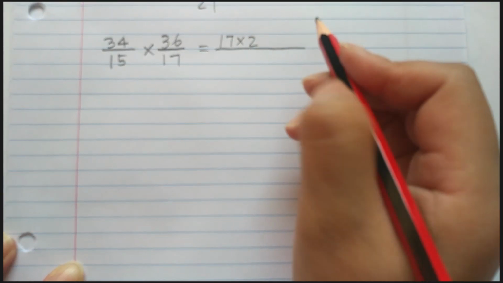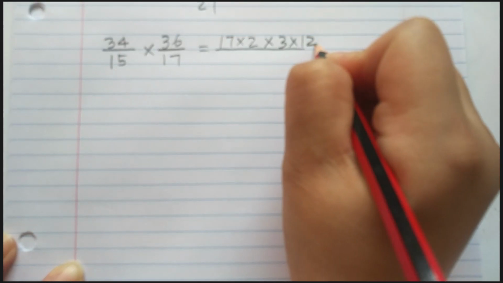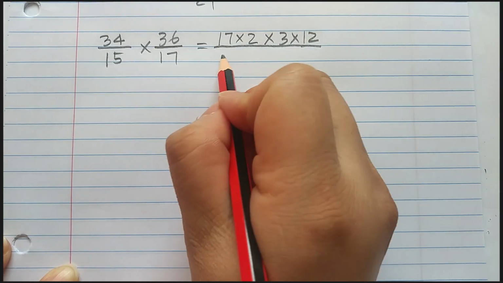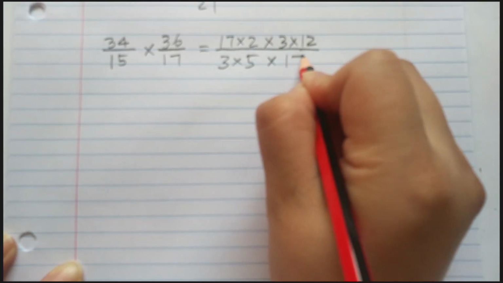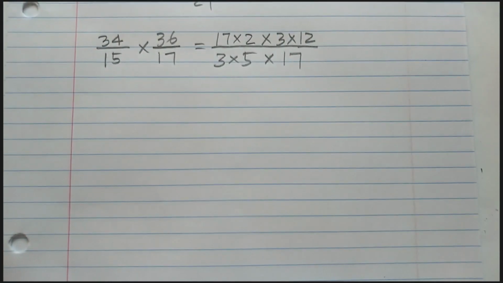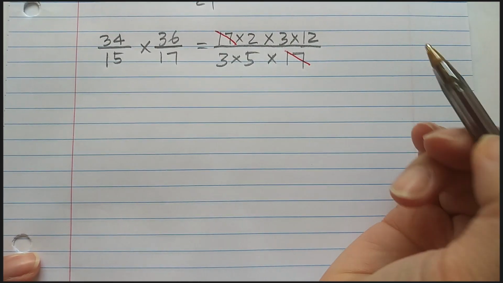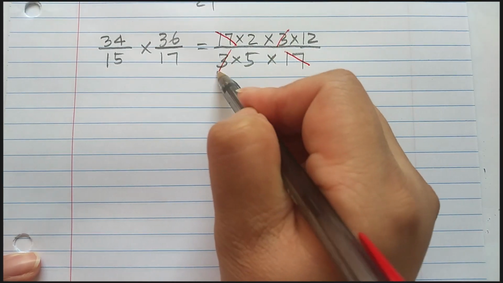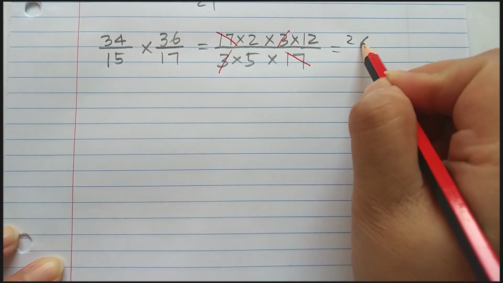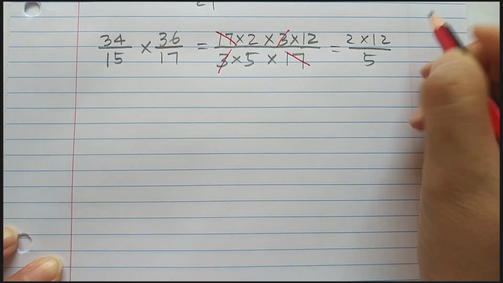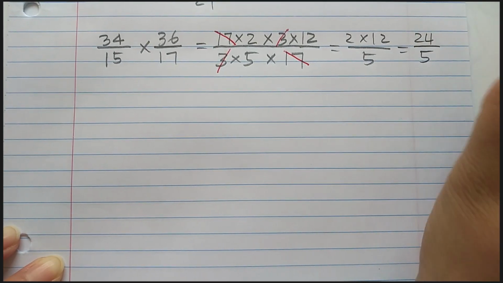I could think of 3 right away, so let's do 3. 3 times 12 is 36, and also 3 times 5 is 15, times 17. Now, these numbers can be reduced, and these numbers can be reduced. And we have 2 times 12 over 5 left, and this is 24 over 5.